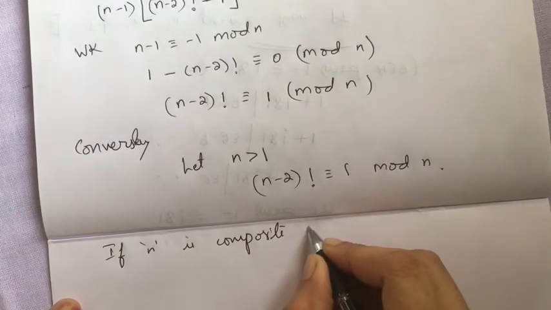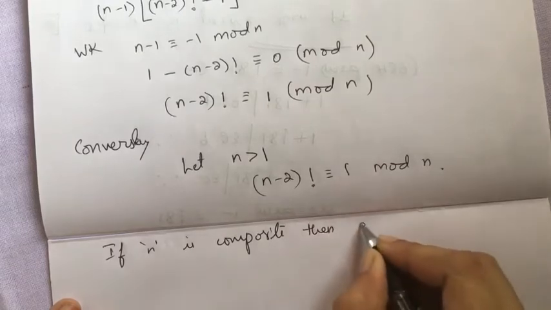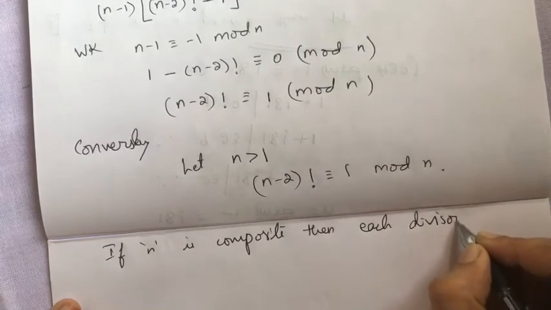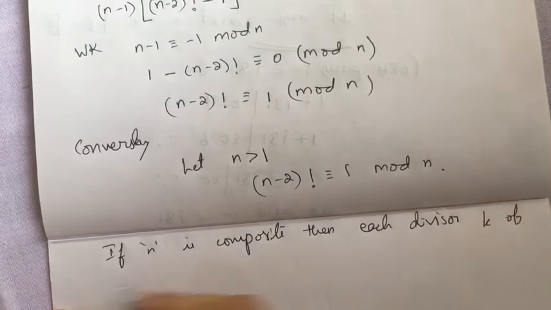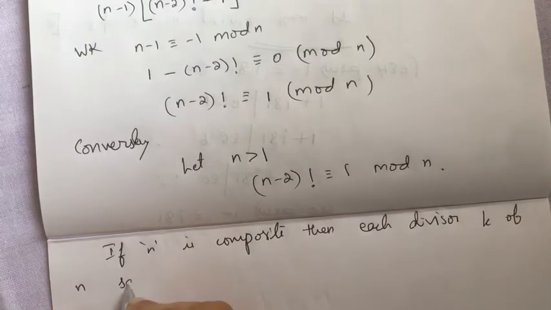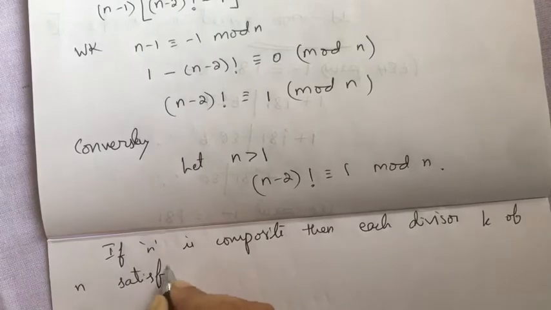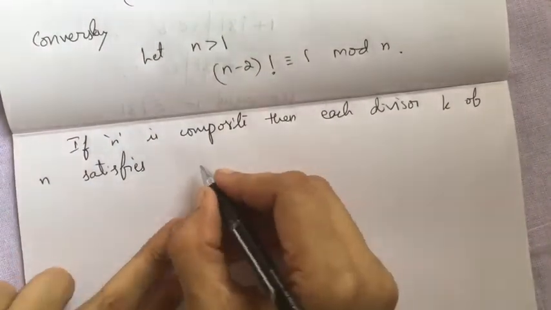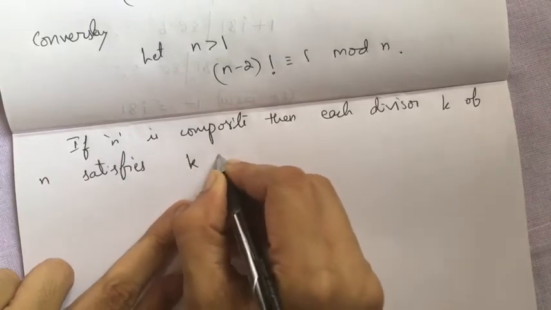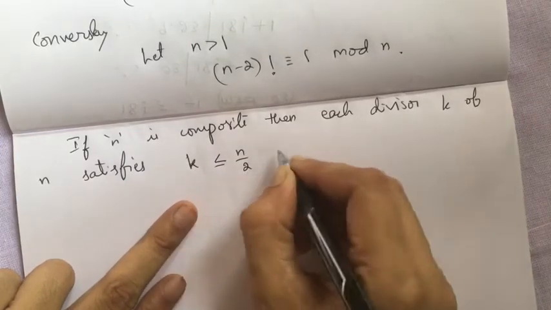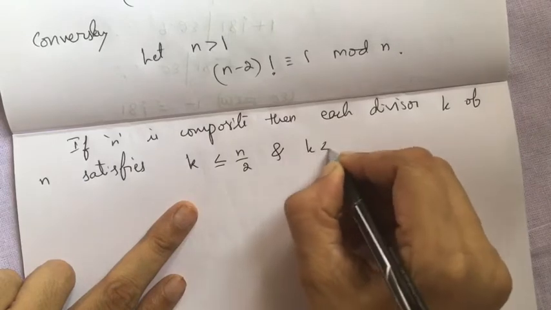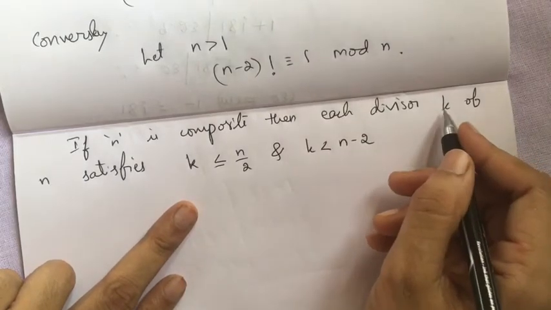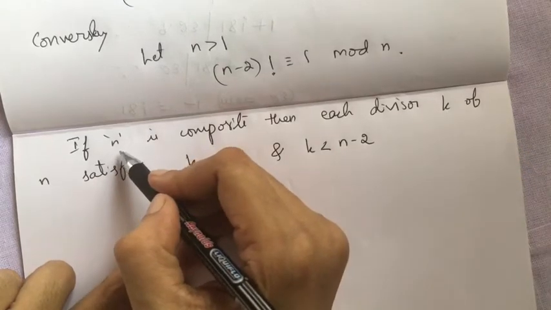composite, then each divisor, say k of n, satisfies the condition, thus k is less than or equal to n by 2 and this k is also less than n minus 2 because it is a divisor of n.